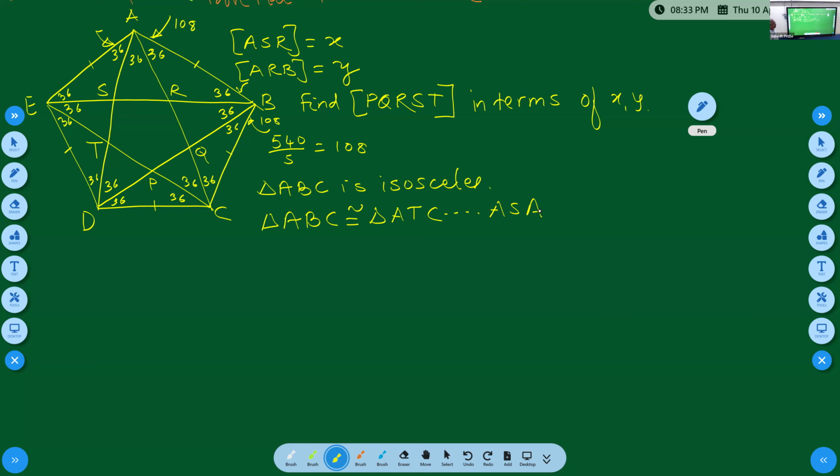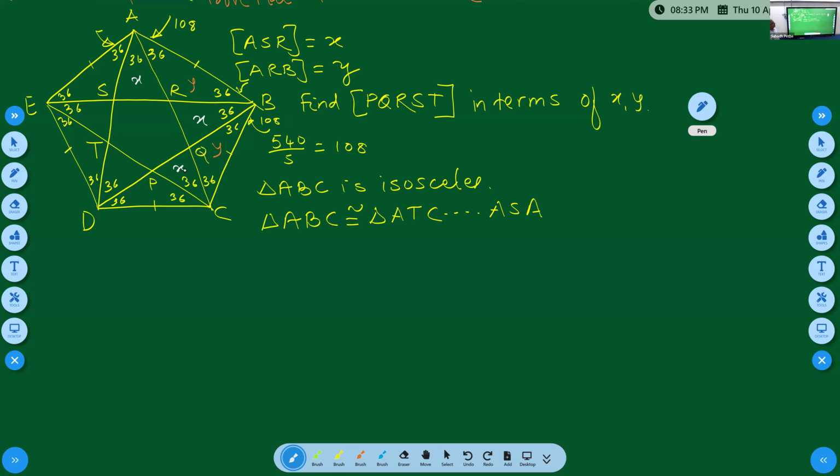Therefore, these two triangles are congruent. Okay, if this much information is available, then this triangle area is Y, this triangle area is also Y, and this triangle area is X. This is Y, this is Y, this is X, and this is X, and this is also X.